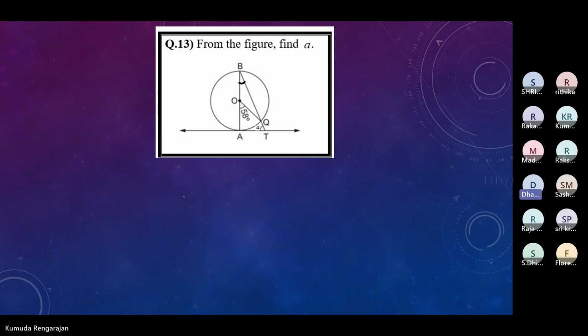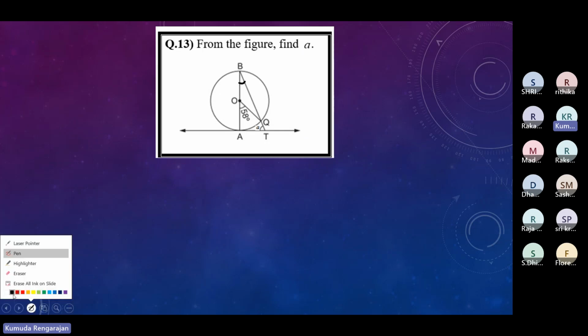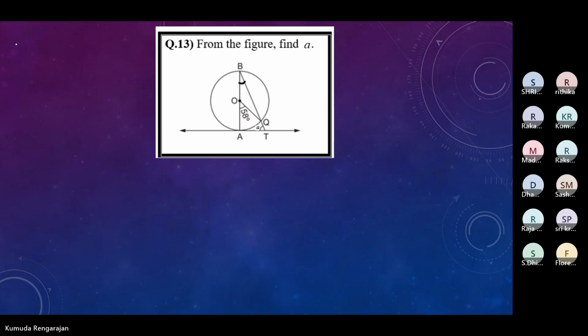Angle OBQ, ma'am. Okay, you can call it angle OBQ or QOB. No, I want something else. Just use the points on the circle itself. Don't go outside the circle. Use the points only on the circle. ABQ, ma'am. ABQ. Okay.